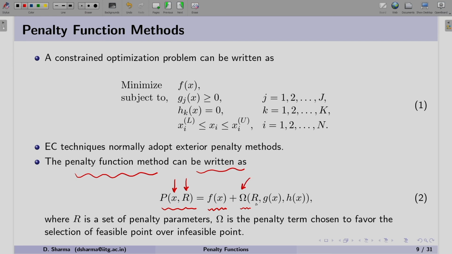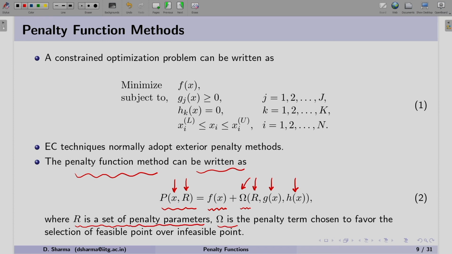Looking at this representation, we can see this omega is a function of r, and also a function of the inequality constraint and equality constraint. So all these constraints will be considered together. Now as we know, there could be multiple inequality and equality constraints, so r is representing a set of penalty parameters.